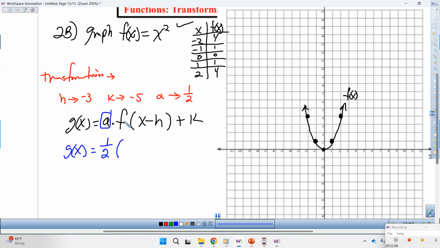Parentheses, I'm not going to use the f anymore. X minus, what is h? -3. So I substitute that here, -3. And then plus, what is k? -5.